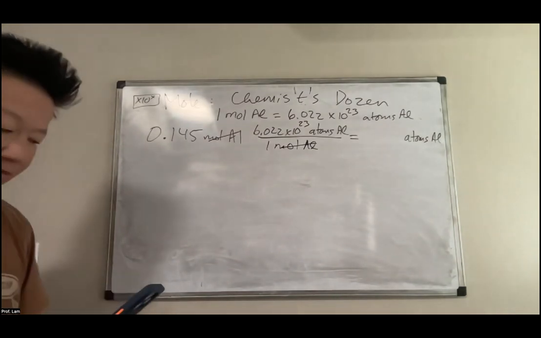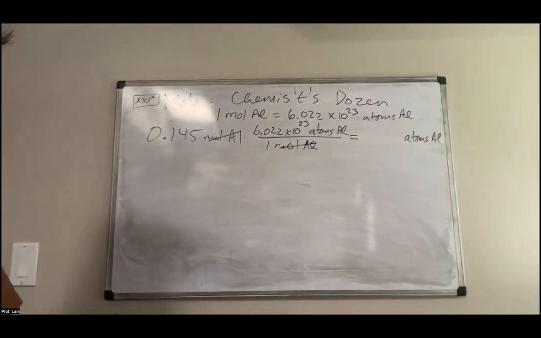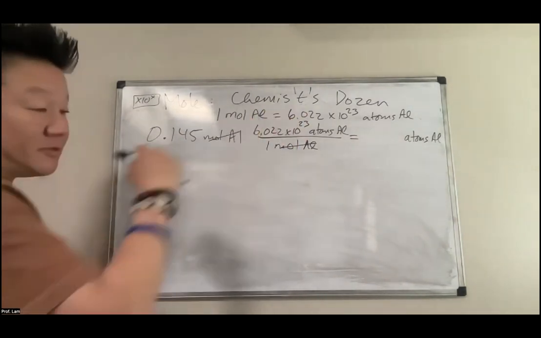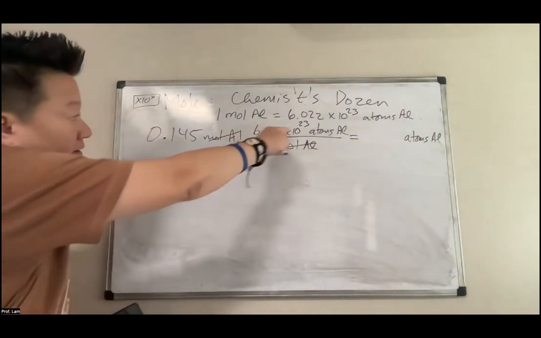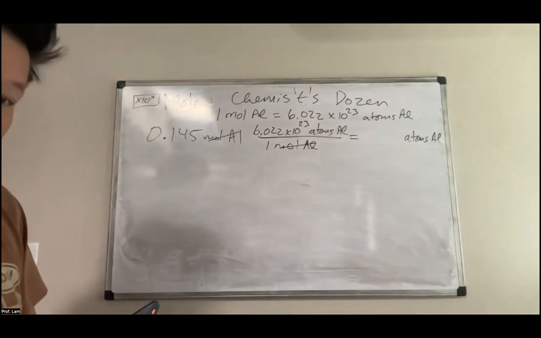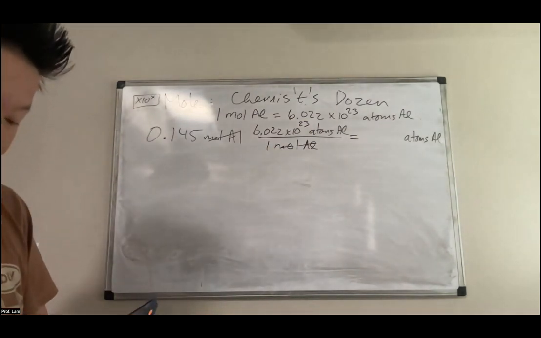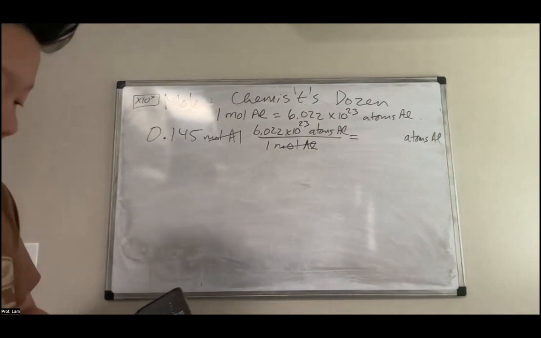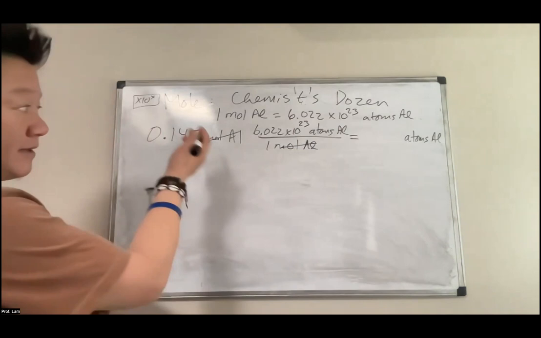Let's punch it in, and remember to use that double E button for your scientific notation. So I'm punching in 0.145, times, multiply because this number is on top. Remember, you hit multiply when the number is on top. If it's on bottom, then you divide. So multiply 6.022 double E 23. And I get, all right, let's think about sig figs.